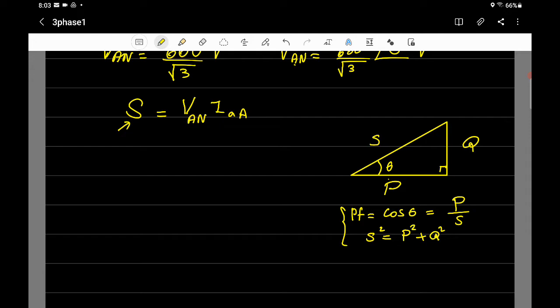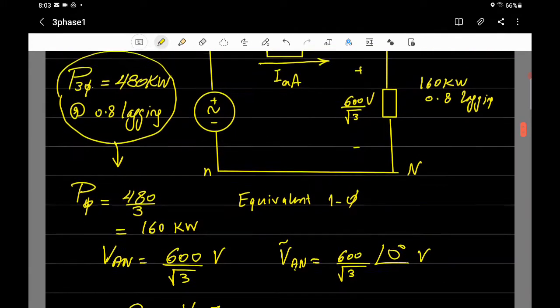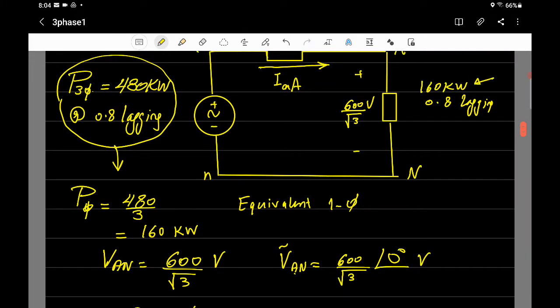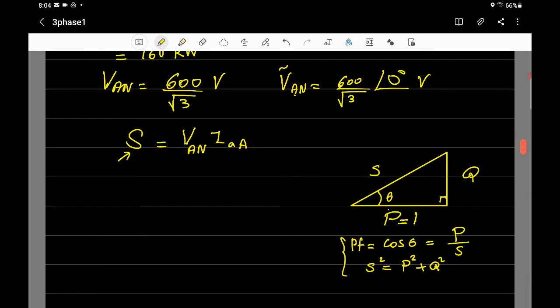Well, don't lose me. I want to find S. So what's given here? Power per one phase, 160 kilowatt, and power factor 0.8 lagging. So what can you do now? Well, I can use power factor equal to P over S and find S magnitude.